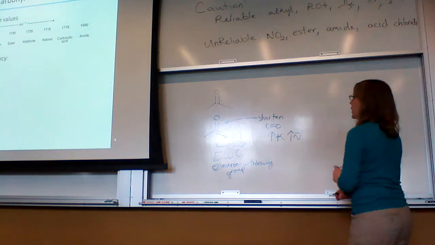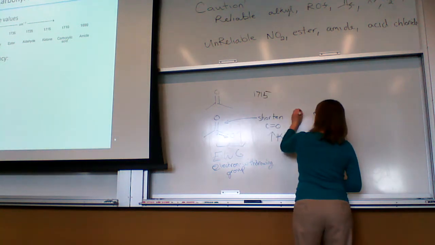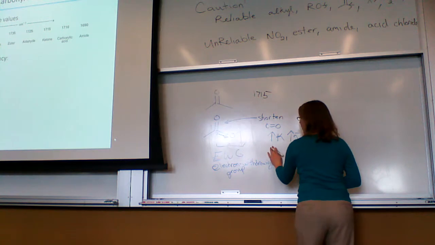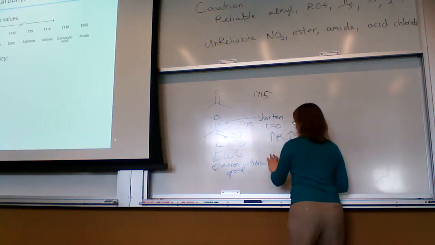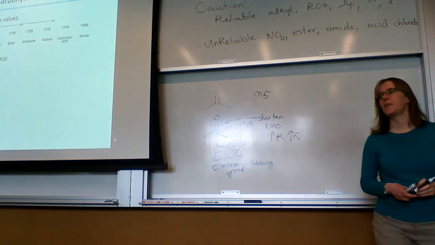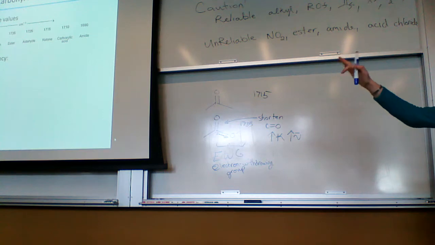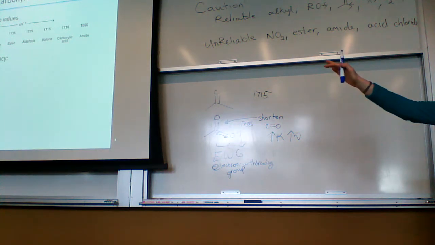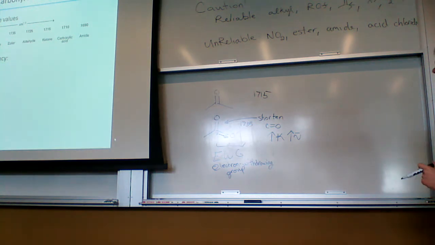So we go from 1715 to 1735 for the ester. The anhydride has another oxygen. The acid chloride has a chlorine attached to it, so it's even more electron withdrawing.